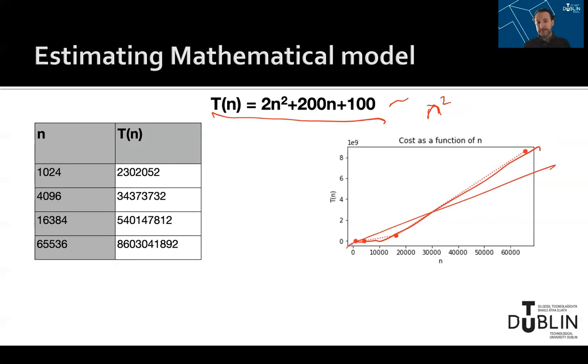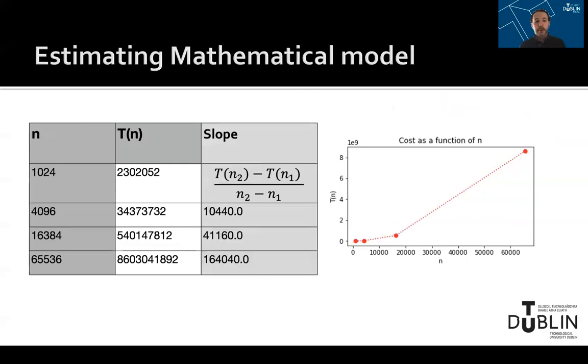But you don't know that yet. So we take the slope at each point. So we have a slope of 10,000, slope of 46,000, and a slope of 164,000. Now, each of these are very far away from each other, so they're not equal to each other.